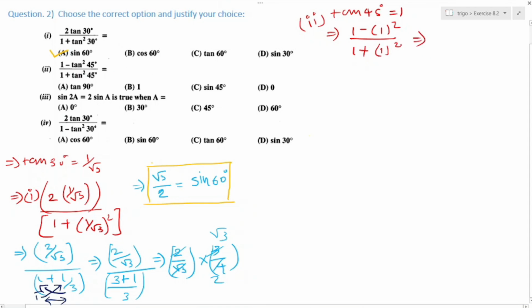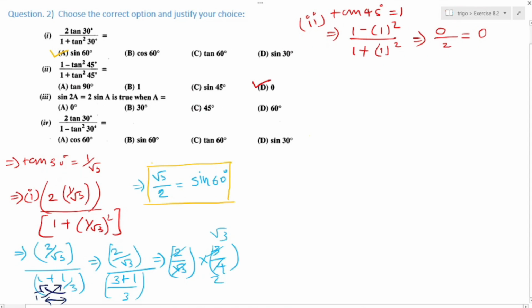So now 1 square is 1, so 1 minus 1 comes 0, and 1 plus 1 is 2. And we already know if any fraction has numerator as 0, then the whole fraction becomes 0. We have option 0 right here, so the answer is D, 0, right?